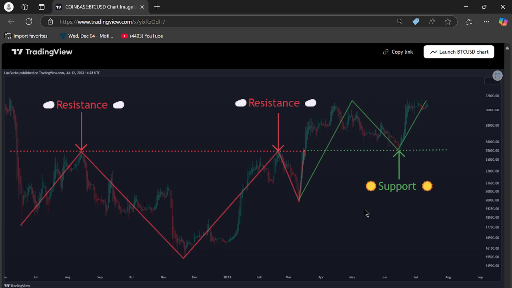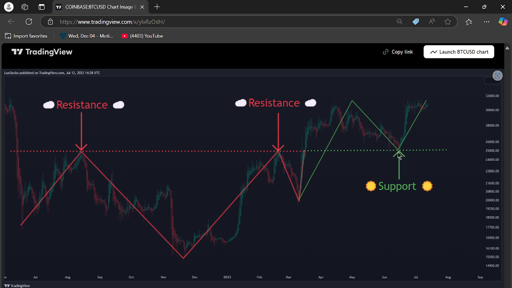Okay. So when you see resistance and support lines, they're pretty much horizontal lines that show us and tell us a story. Okay, so we're going to start with support. What is support?